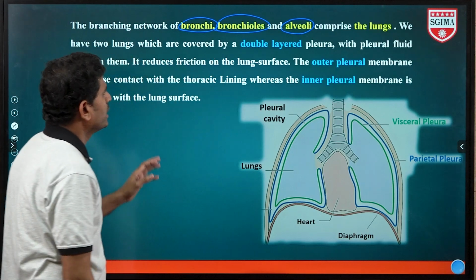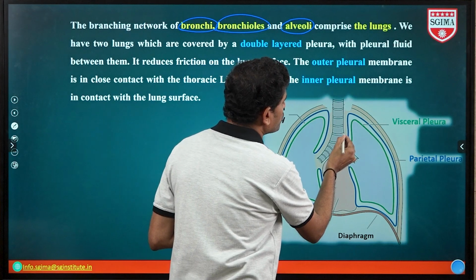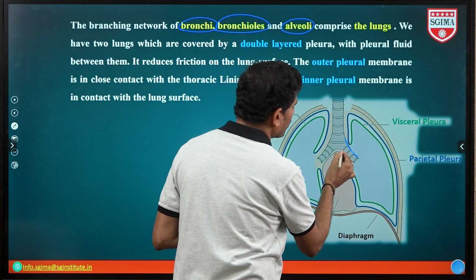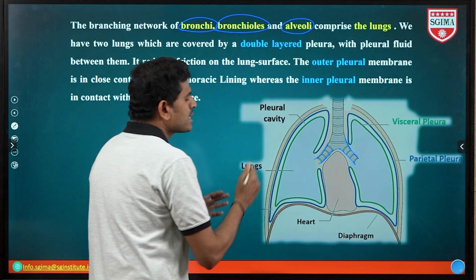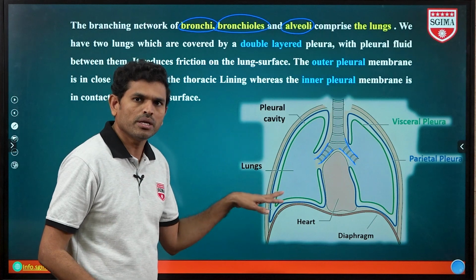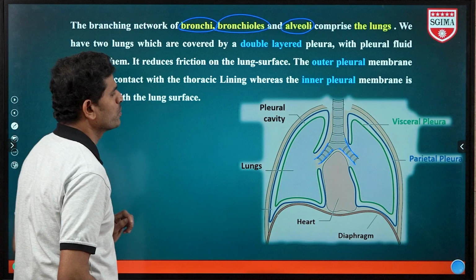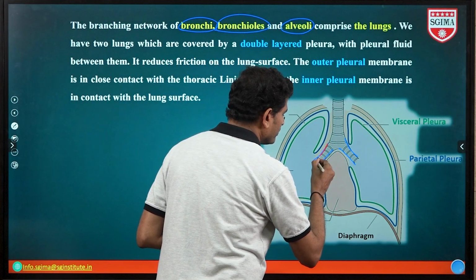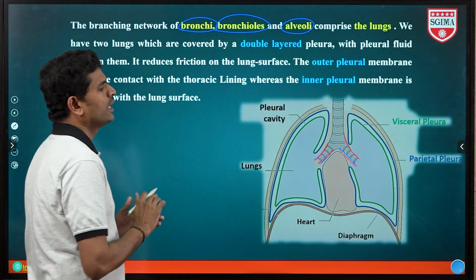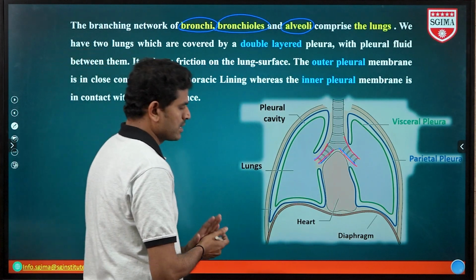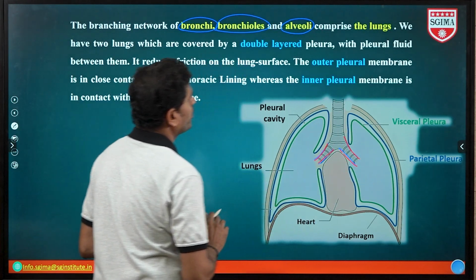If we observe, in the primary bronchi, some part will be outside and the remaining part will be inside the lungs. The remaining secondary and tertiary bronchi, and all the structures of the bronchioles, will be inside the lungs. So this is the arrangement. Lungs comprise the bronchi, bronchioles and alveoli. This is the first point we have to remember.